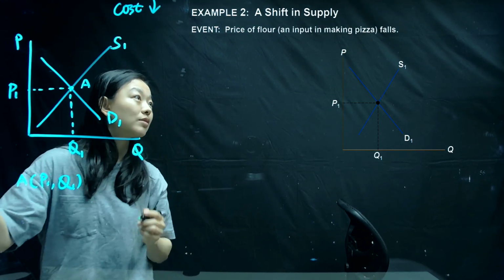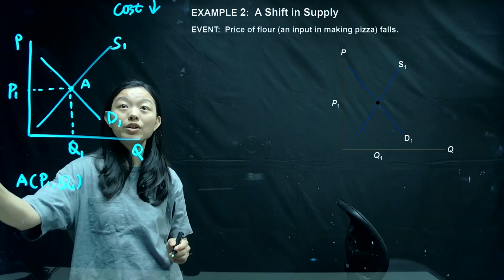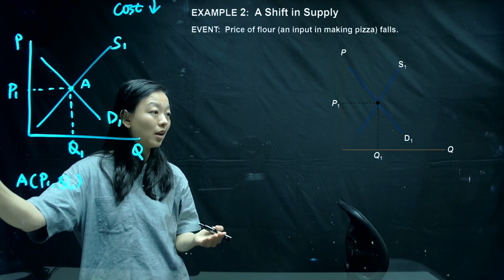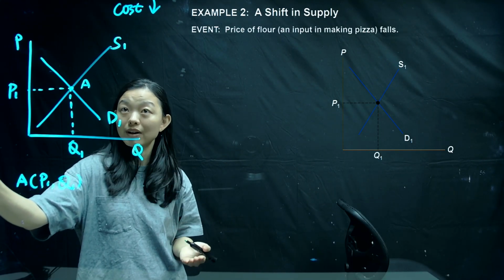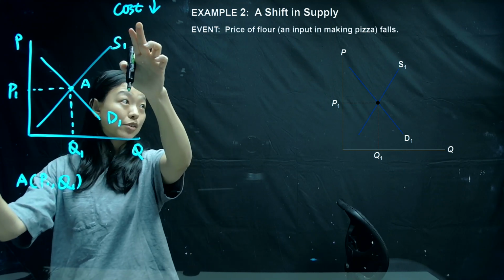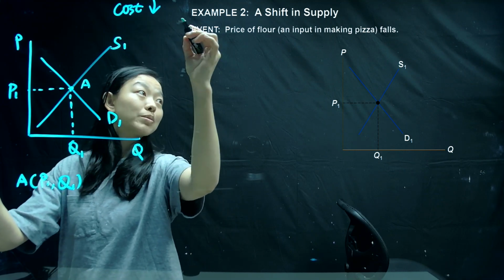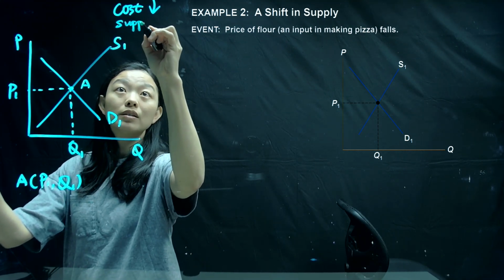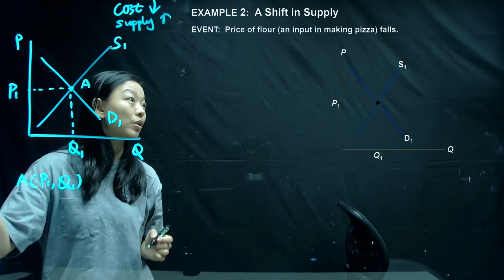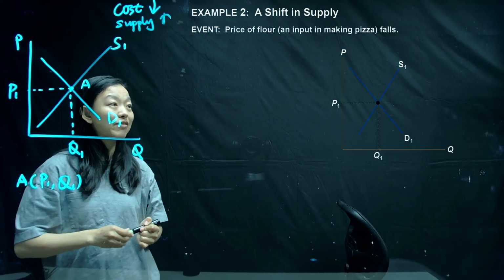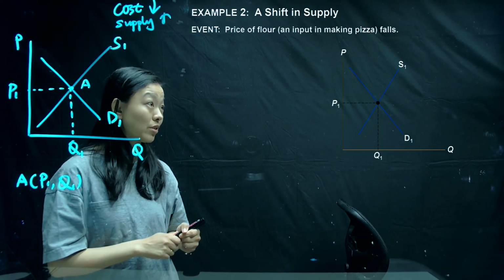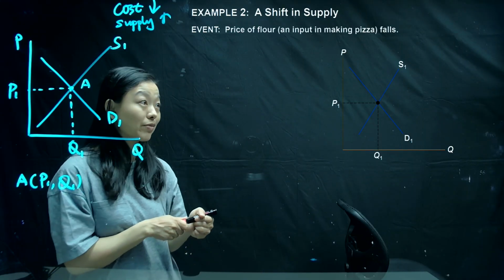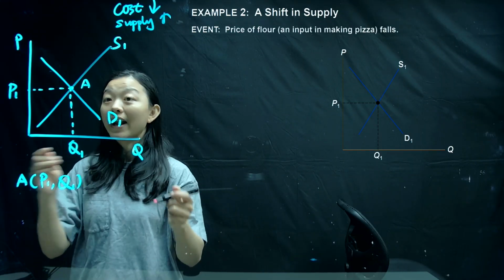Cost decrease will shift which curve? Cost is an important supply shifter, right? So when cost decreases, we can have more supply. So supply will increase, right? So it will definitely affect the supply curve, and the supply curve will shift to which direction?